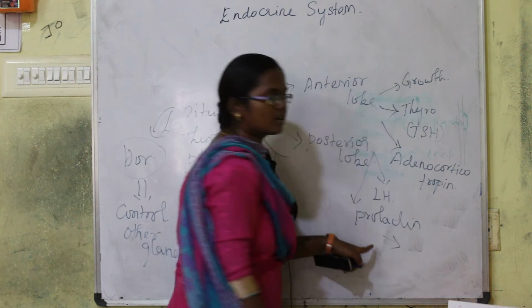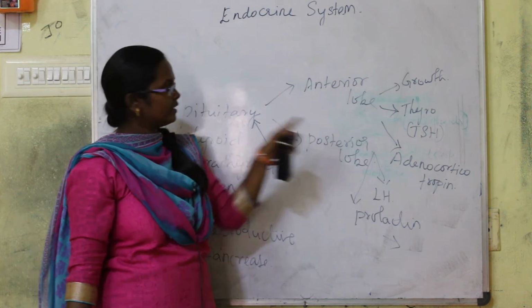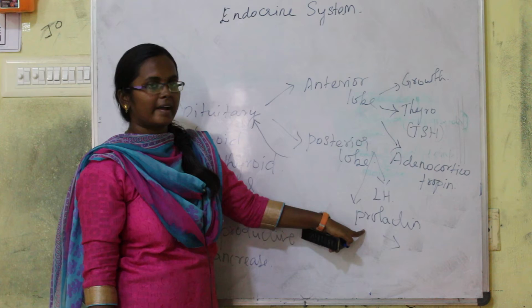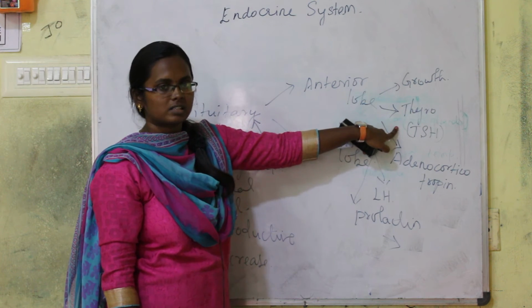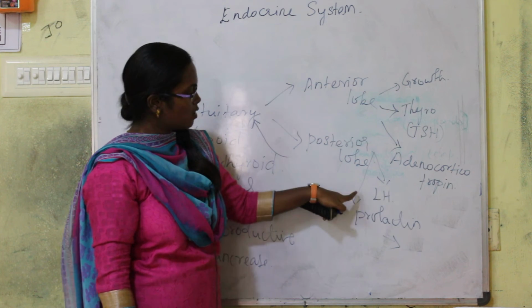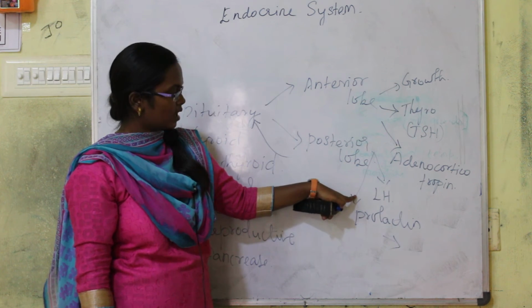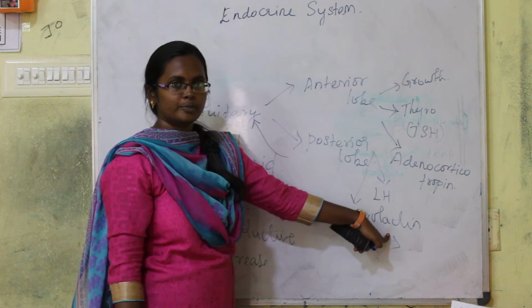It is secreted for milk production. So in the anterior lobe of the pituitary we have totally 5 hormones. First one is growth hormone, second one is thyroid stimulating hormone, third one is adrenocorticotropic hormone, fourth one is luteinizing hormone or follicle stimulating hormone, the last one is prolactin.